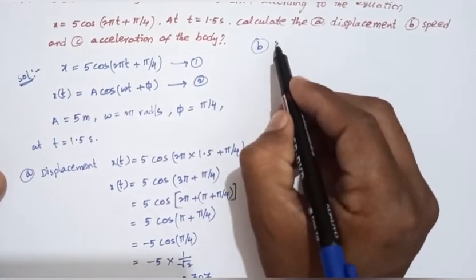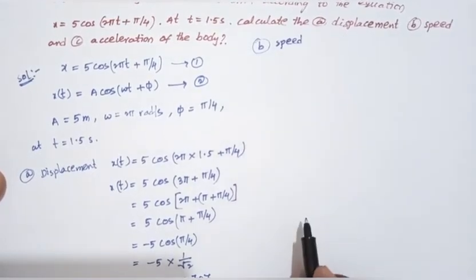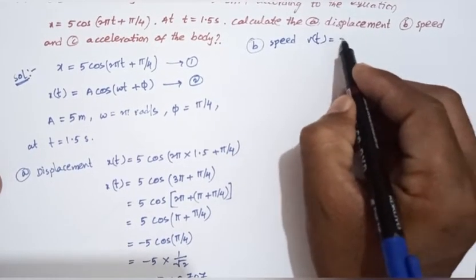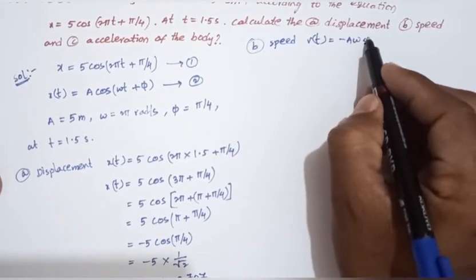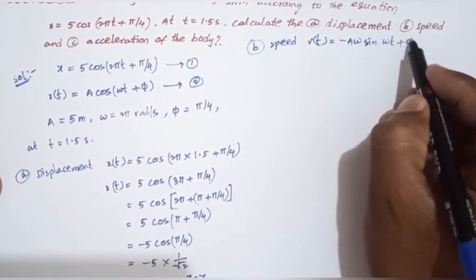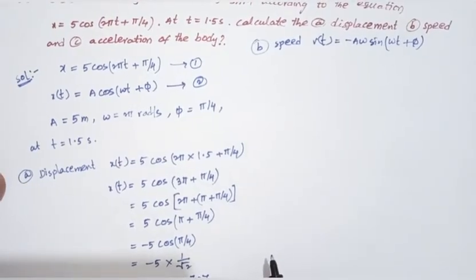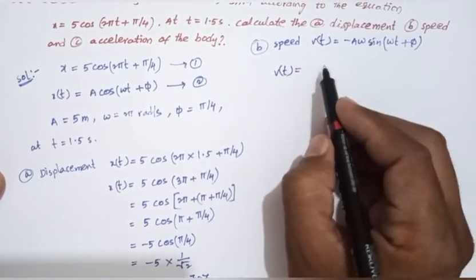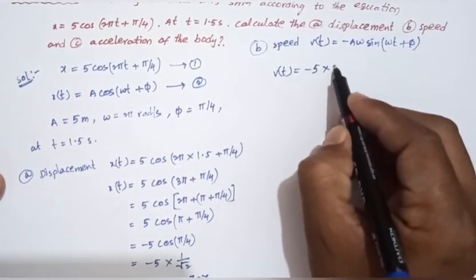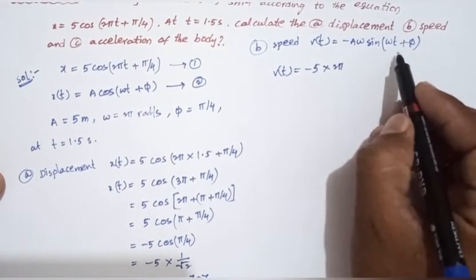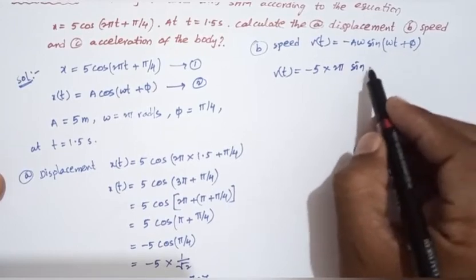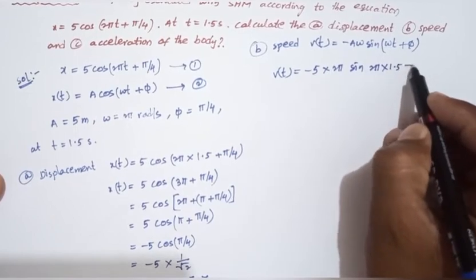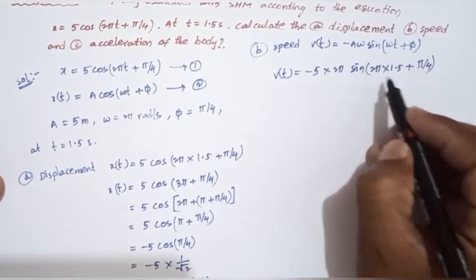The speed equation is v(t) equals minus A omega sin(omega t plus phi). So v(t) equals minus 5, omega equals 2π, sin of 2π into 1.5 plus π/4.